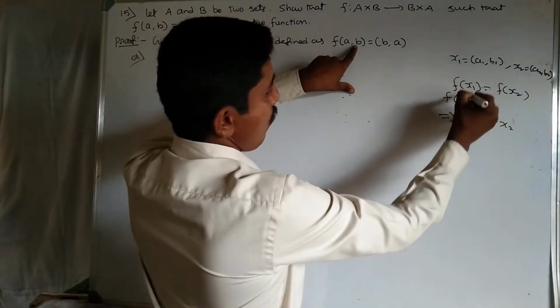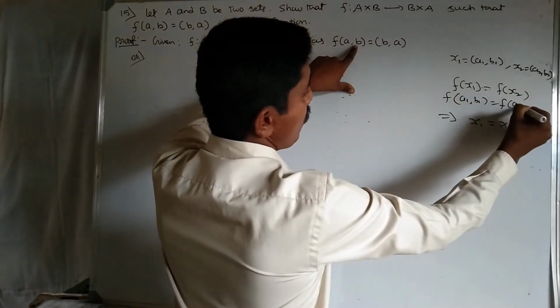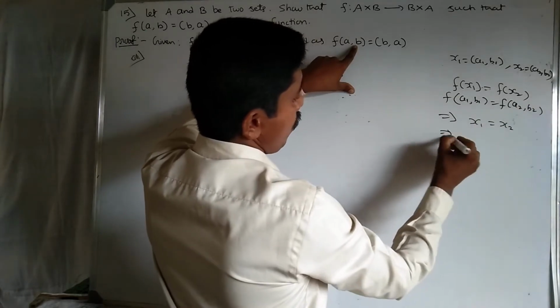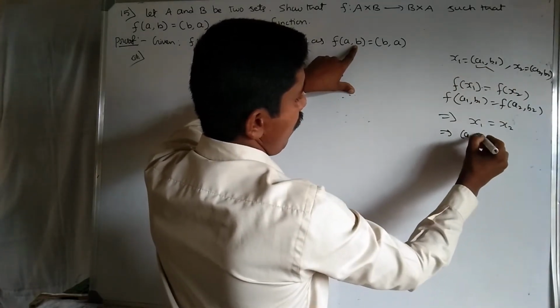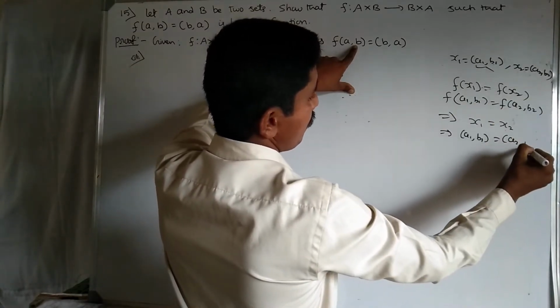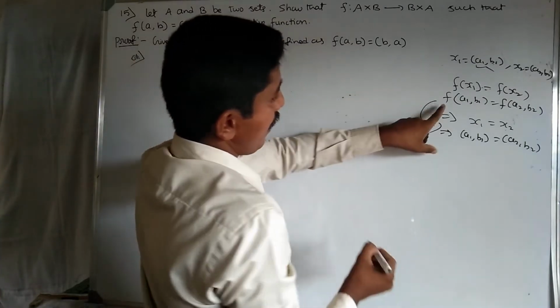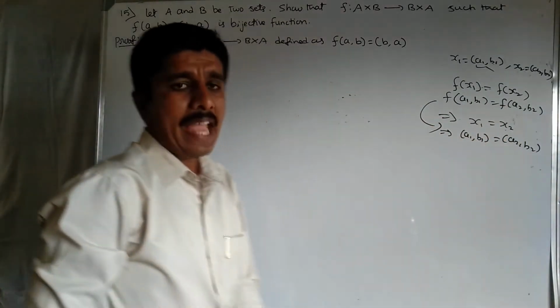F of x1 is F of (A1, B1), F of x2 is F of (A2, B2). We have to prove that x1 equal to x2, that is, x1 equal to (A1, B1) and x2 equal to (A2, B2). Take two range elements equal; prove that their domain elements are equal.